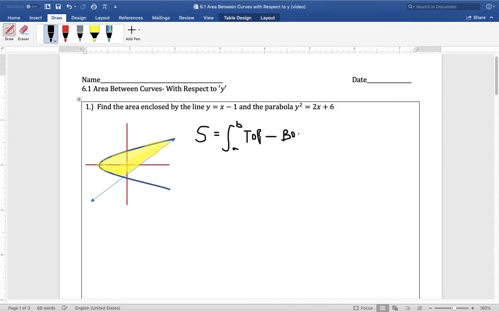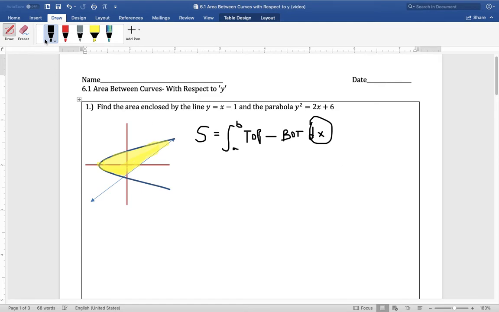And then, of course, depending on what variable you're taking this with respect to, this is either going to be dx or it could be dy. This right here just depends on, are we doing it with respect to x or y? Here we're going to actually do it with respect to y.